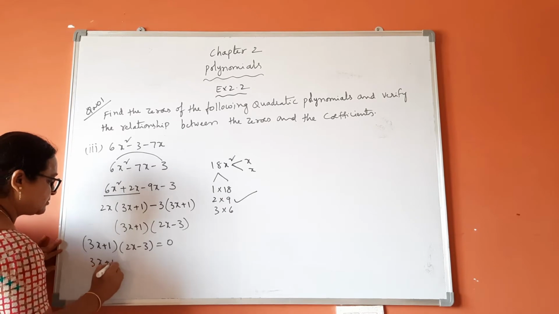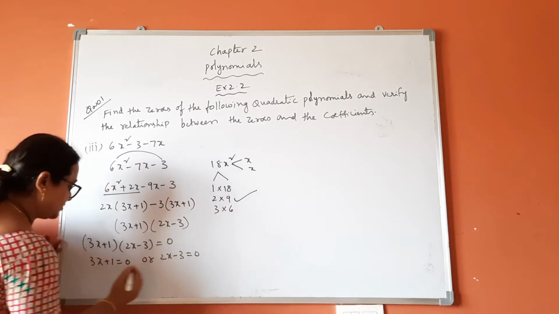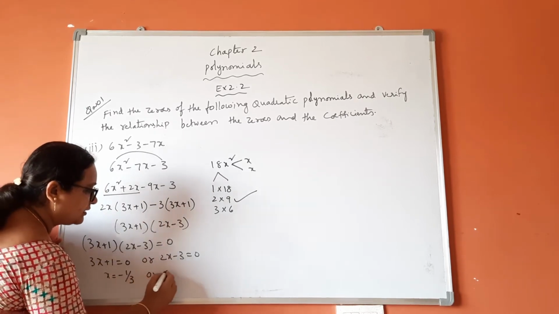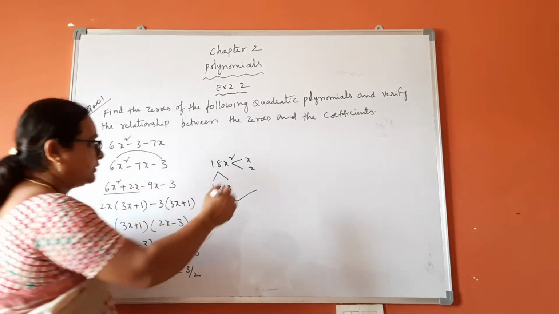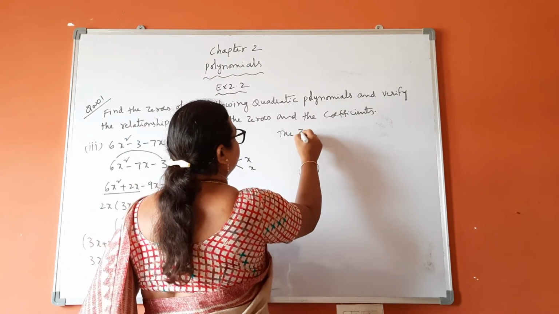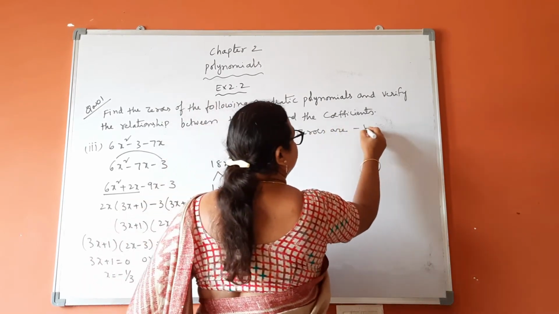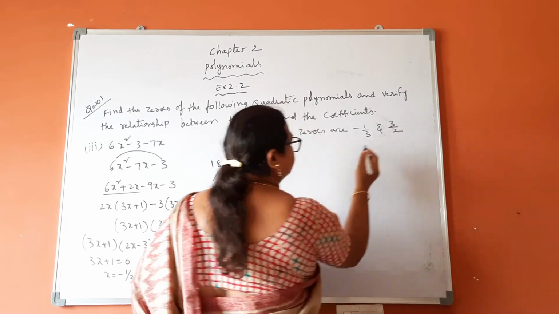That means 3x plus 1 is equal to 0 or 2x minus 3 is equal to 0. x is equal to minus 1 by 3 or x is equal to 3 by 2. The zeros are minus 1 by 3 and 3 by 2.